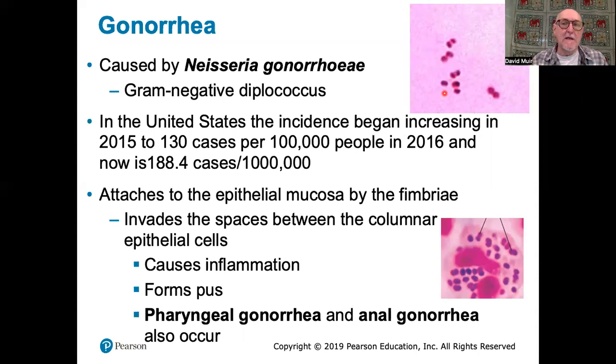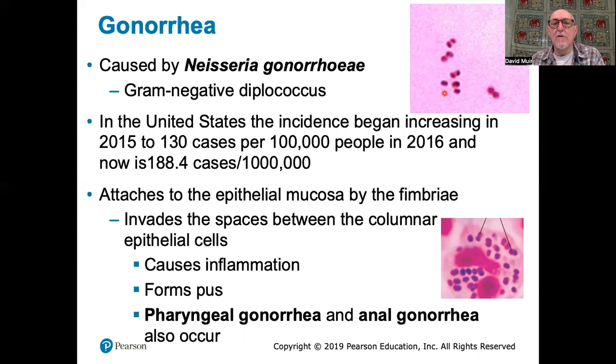It seemed for many years that gonorrhea infection rates were stable or declining in response, not only to sex education and things like that, but also to antibiotic usage. But in about 2015, the number of cases, the incidence, began to rise.